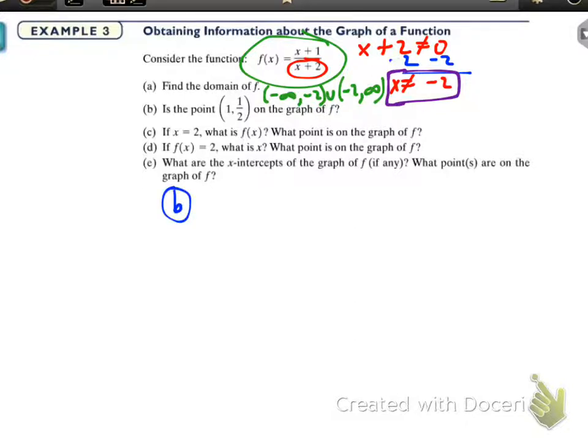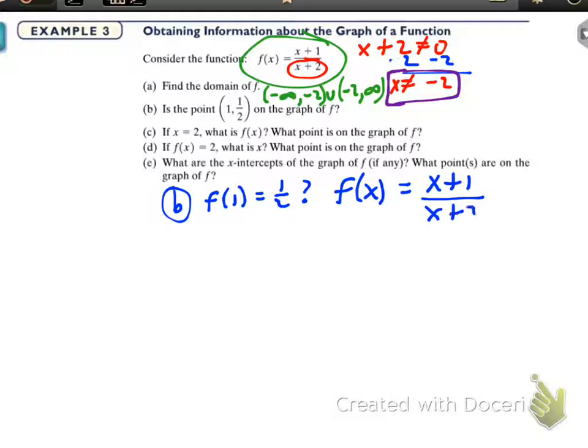Part B: if (1, 1/2) is on the graph, that means that f of 1 would be equal to 1/2. It's still a question; we're not sure yet. But let's take a look at what f of x is, and remember, it's written up there. f of x is equal to x plus 1 over x plus 2.